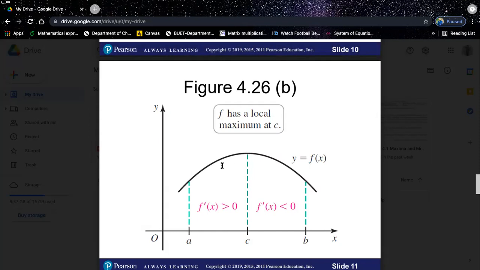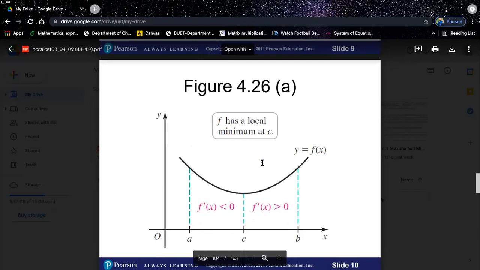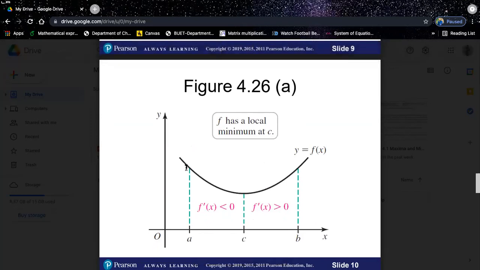So can anyone quickly tell me, if the first derivative changes its sign from negative to positive through C, what will happen? Anyone? It means it has a local minimum, yeah? Exactly. That's it. So if the derivative is calculated on this portion, you will see this goes like this, right?